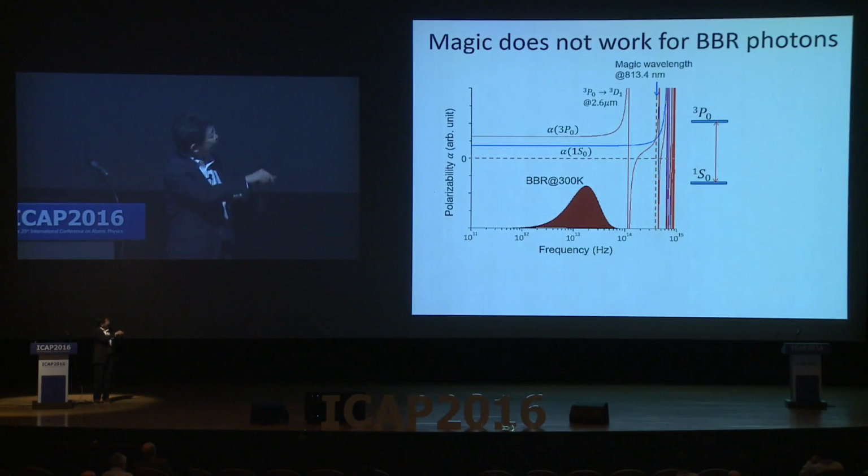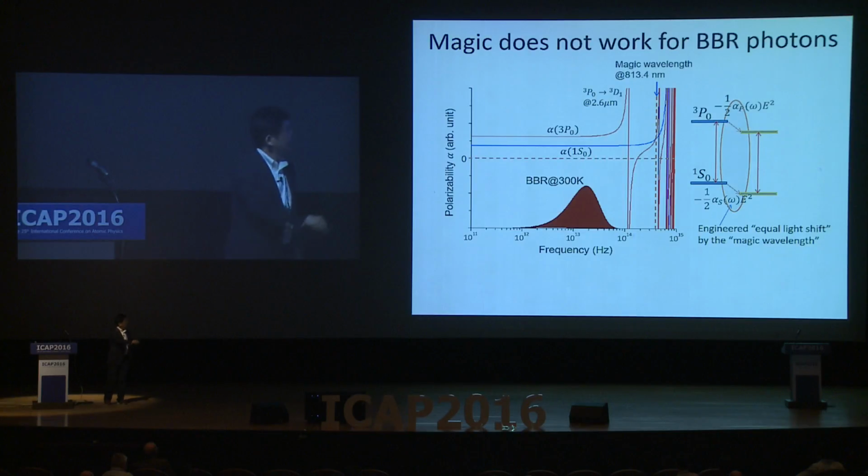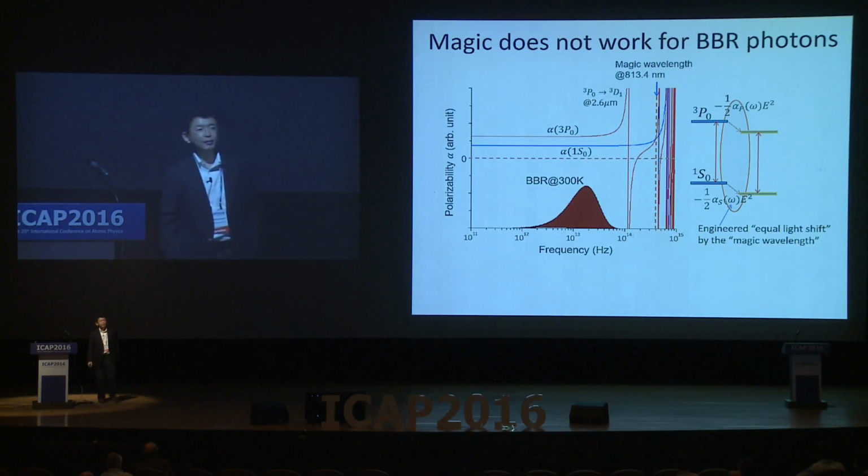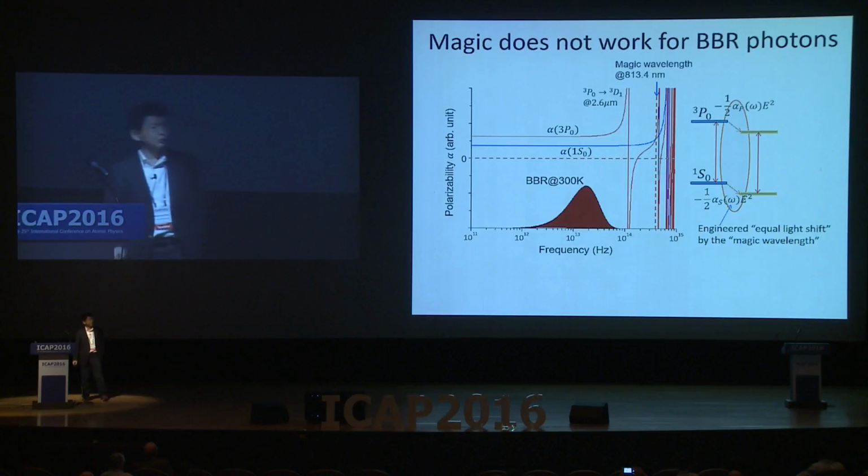So this is the dipole polarizability as a function of the frequency. At 800 nanometers, the two dipole polarizabilities become equal. By doing so, the shift due to the dipole polarizability becomes the same and cancels out. This is the idea of the magic frequency.